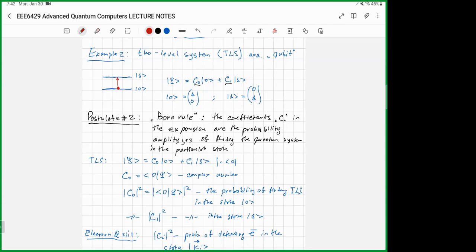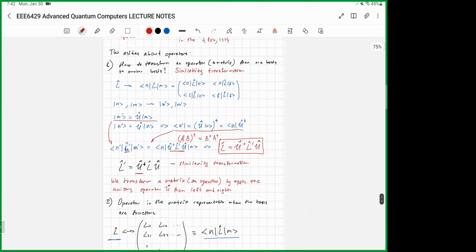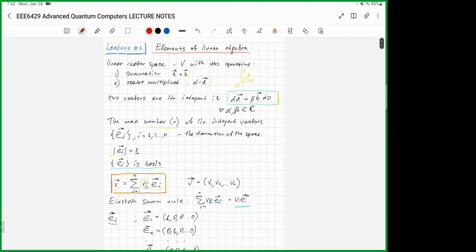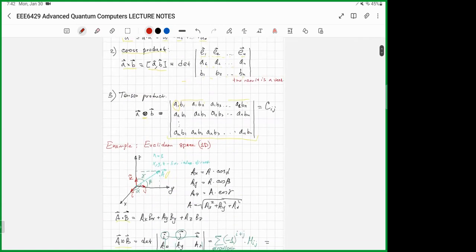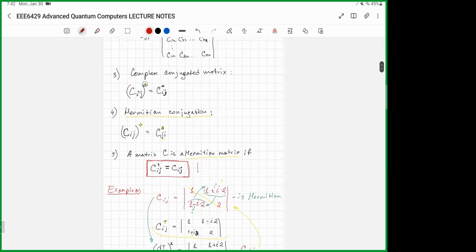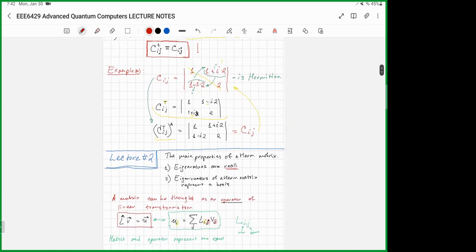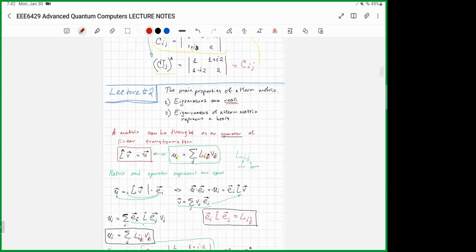And another property is that the eigenvectors of a Hermitian operator represent a basis. We discussed this in the very beginning of this course, in the beginning of the second lecture. The main properties of Hermitian operators: eigenvalues are real, and eigenvectors of a Hermitian operator represent a basis.